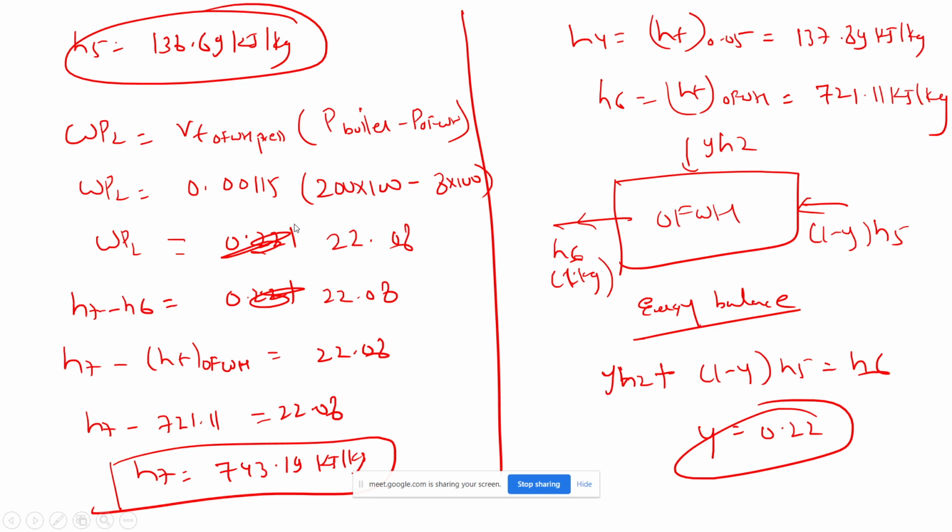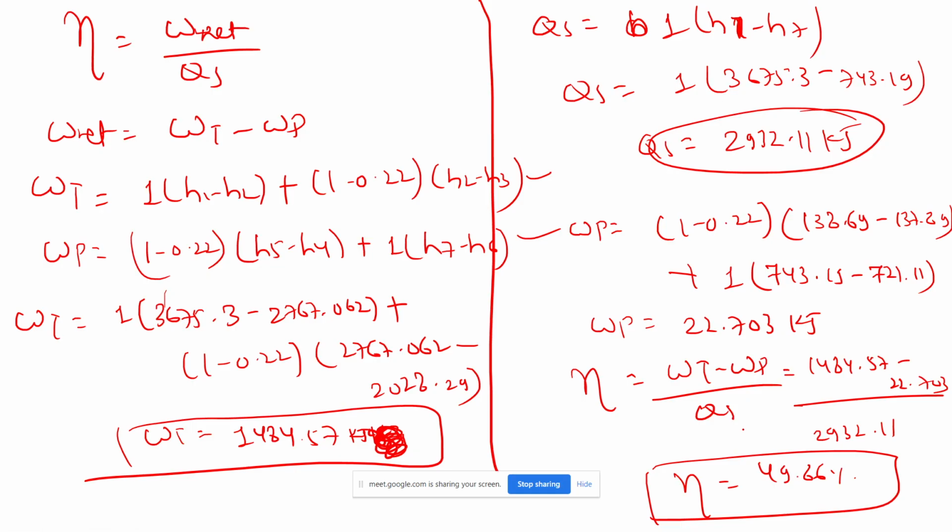Pump work is given by, because pump, compressor, turbine all work as open cycles, work done is given by the integration of VdP. After integrating, we get work done as V into (P higher minus P lower).